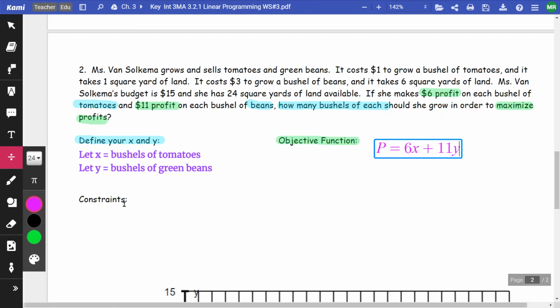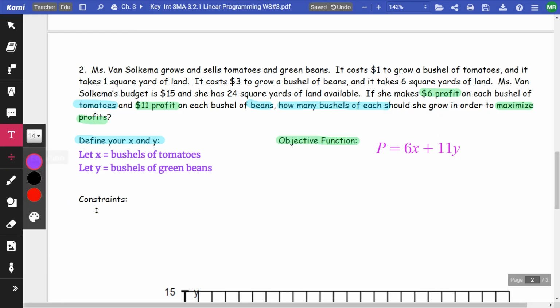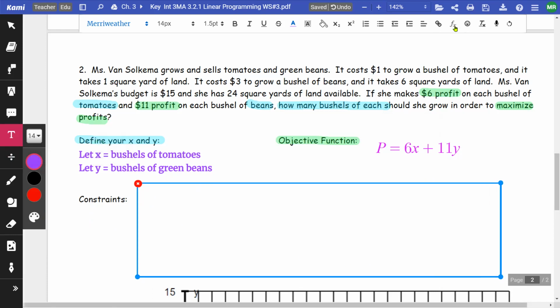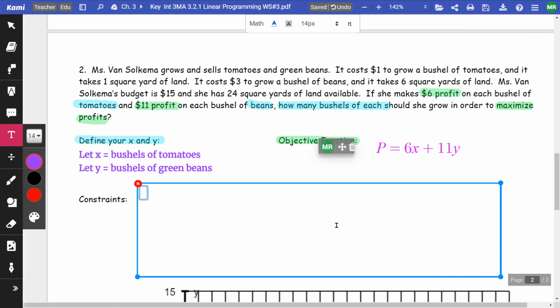Then constraints, these are restrictions. We will have restrictions such as we cannot have negative amounts of banana bread or nut bread, or sorry, this is green beans and tomatoes.